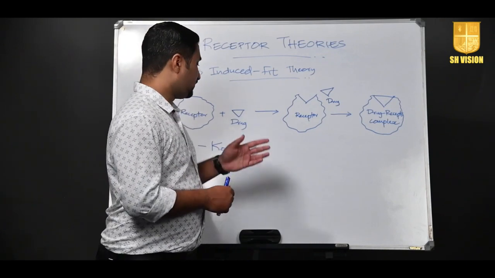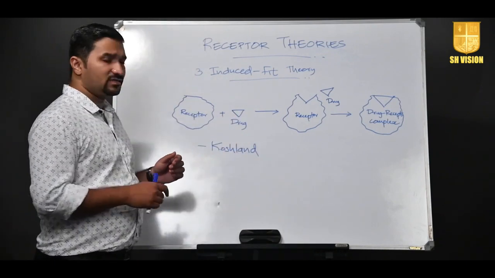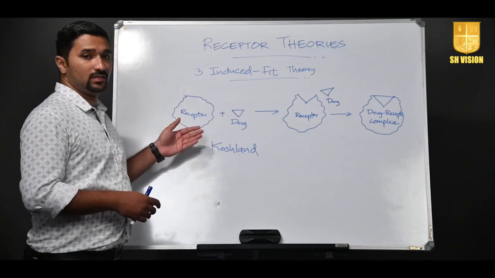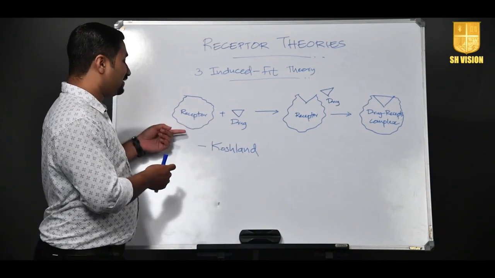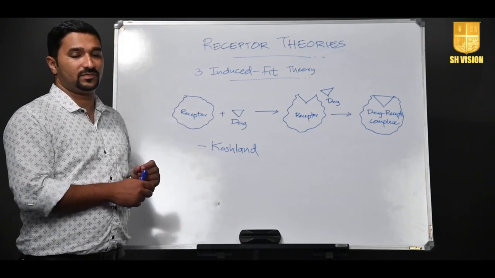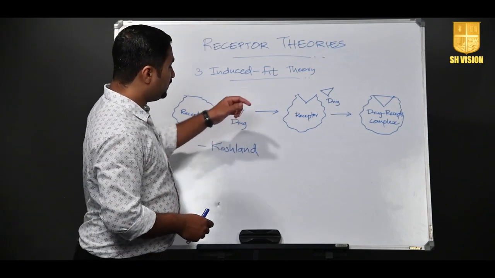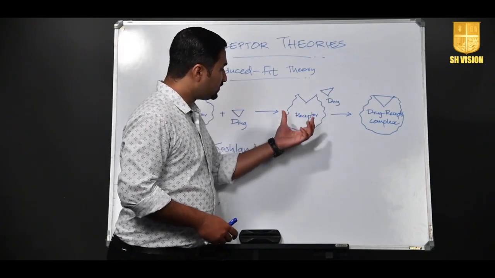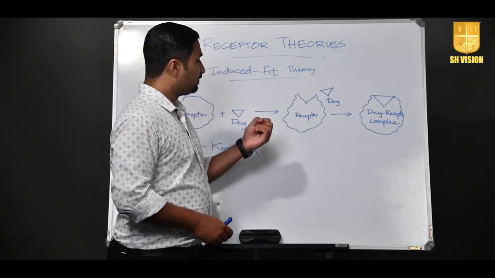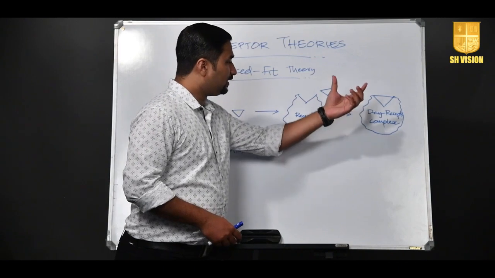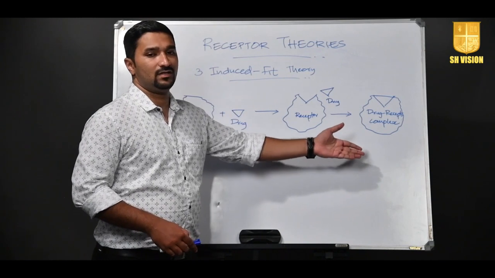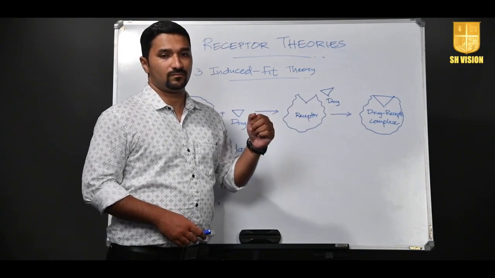This can be easily understood from this figure. As you can see, the receptor was not in a position to bind with the drug because it didn't have the right conformation. So as the drug approached the receptor, it induced a conformational change on the receptor, and this formed the drug receptor complex, which will give you the biological response.